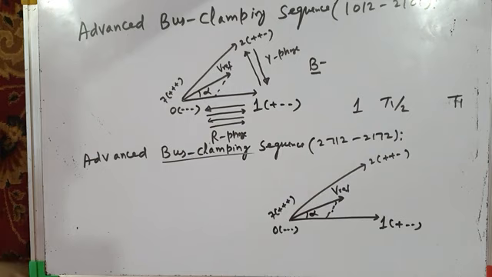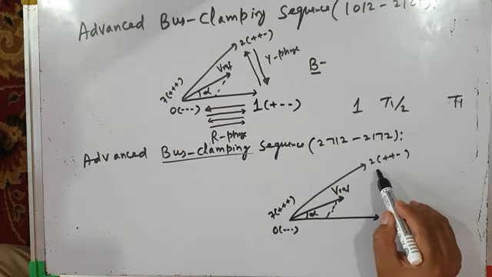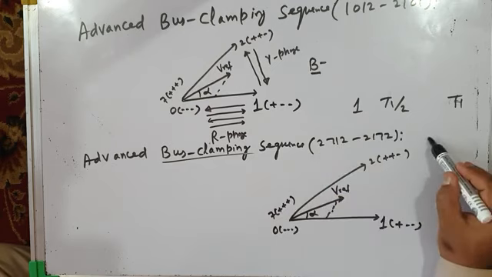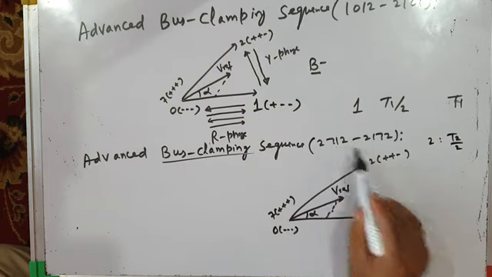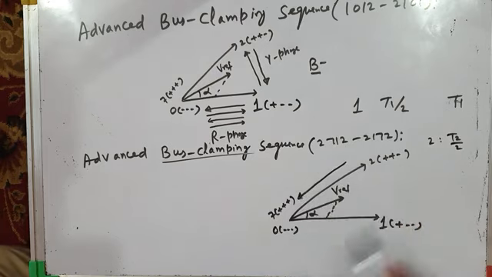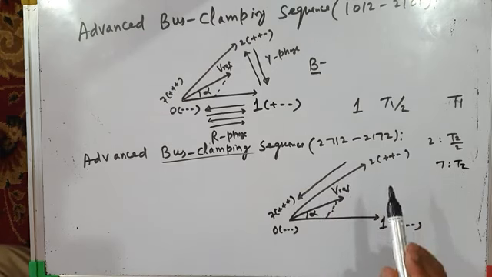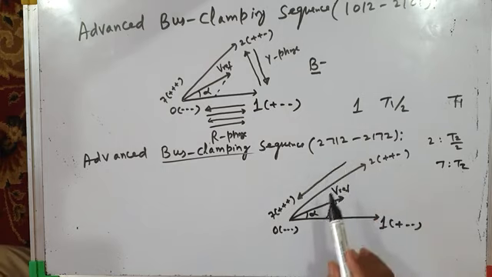And now our clamping sequence is like this. We start with active vector 2. So active vector 2 is applied for time interval t2 by 2 because 2 is applied twice. And then null vector 7 is applied. So we move from 2 to 7. Null vector 7 is applied for full time interval tz because null vector 0 is not applied at all. Then active vector 1 is applied.